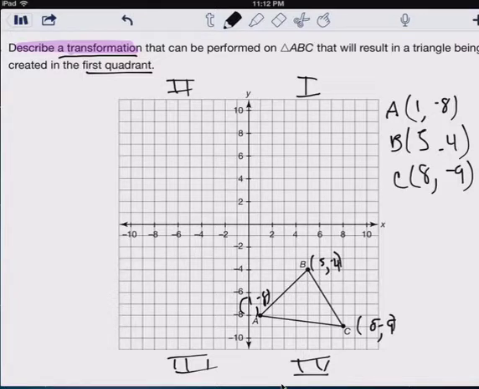Counterclockwise, the rule is X, Y will turn to Y, X, and if you notice, Y becomes its opposite. Y, all here were negative, so here it becomes positive. So Y becomes its opposite, you put a negative there, and X stays the same.